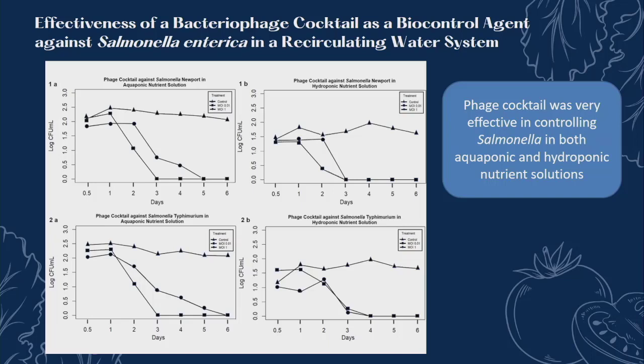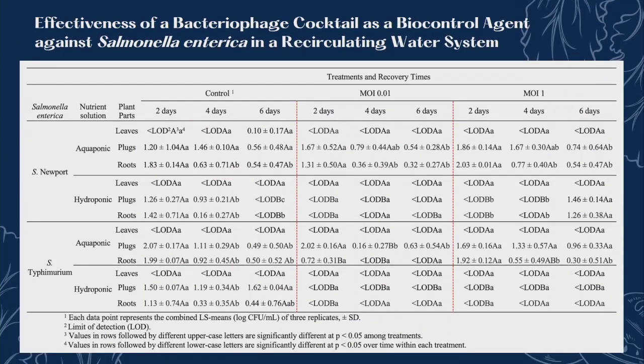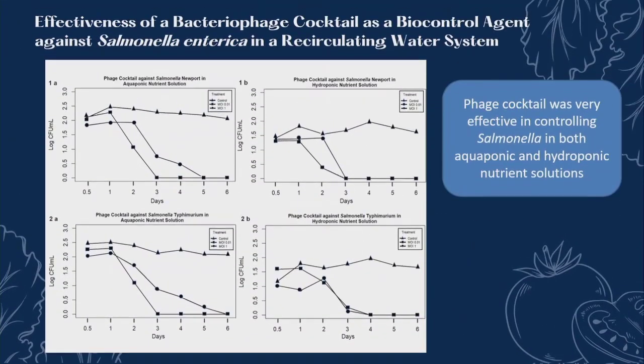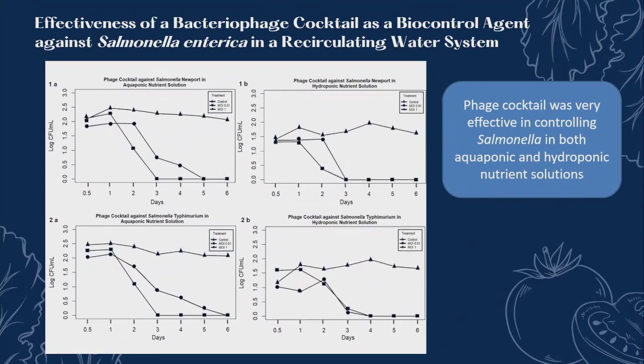Our aim is to do a more thorough, consistent study to explore how that's going to work on a fully established system. But when we looked at the plant parts, we separated them into leaves, roots, and the pods that they grow in, where we use rockwool. What we saw that was interesting, remember the last slide, it was both hydroponic and aquaponic, we had a very consistent reduction of Salmonella over time for both.